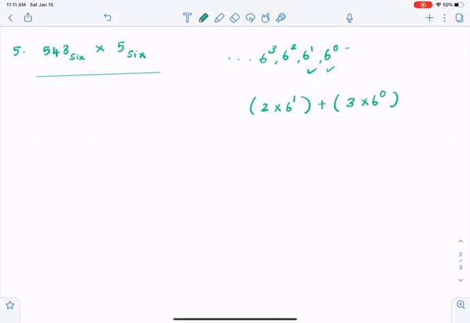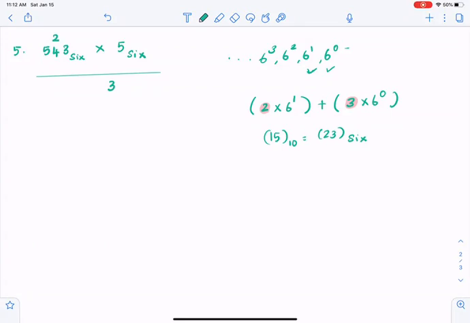So 3 times 1 would be 3, and 12 plus 3 would be 15. So 5 times 3 is 15. 15 in base 10 would be 23 in base 6. So we will go back and write it as 3, carry over 2.